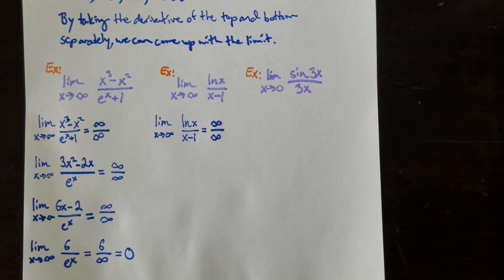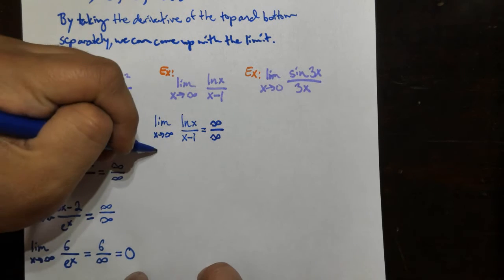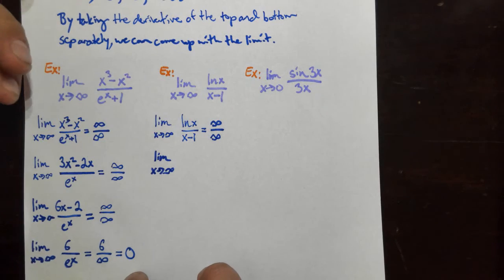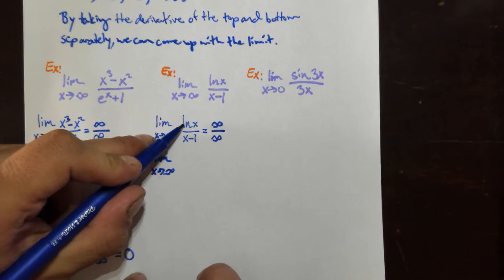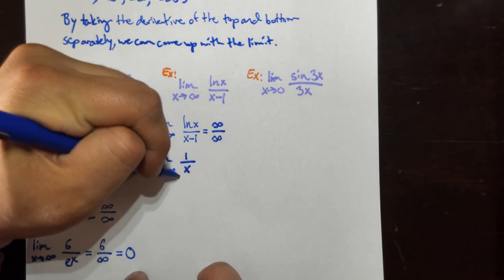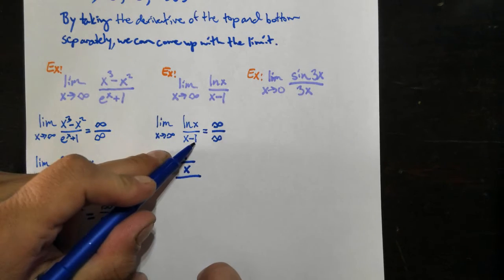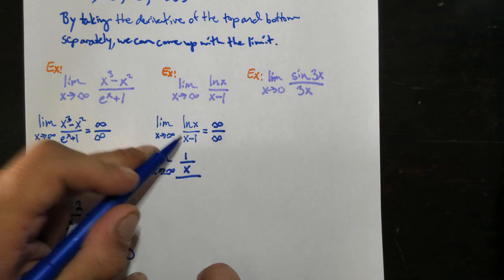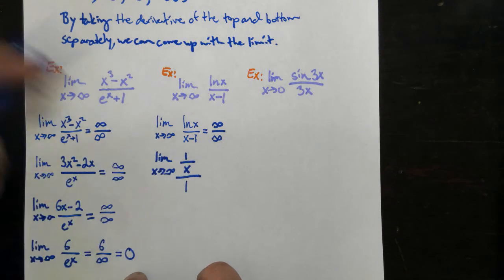Let's use L'Hopital's rule and see what we get. The limit as x approaches infinity of the derivative of ln of x, which is 1 over x, divided by the derivative of x minus 1, which is just 1. The derivative of x is 1, and the negative 1 goes away.